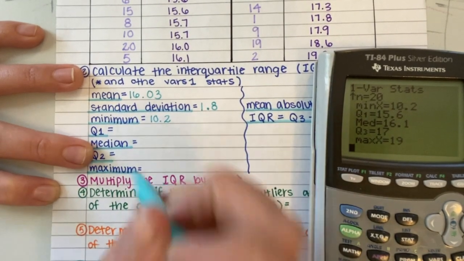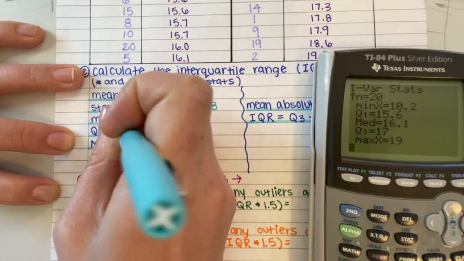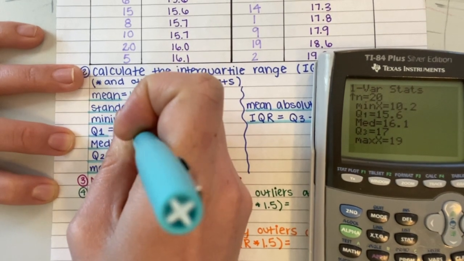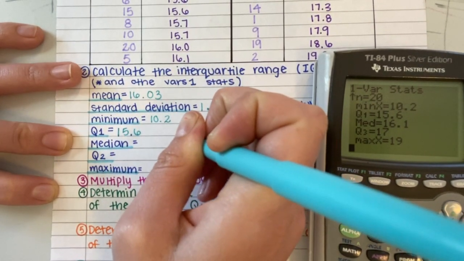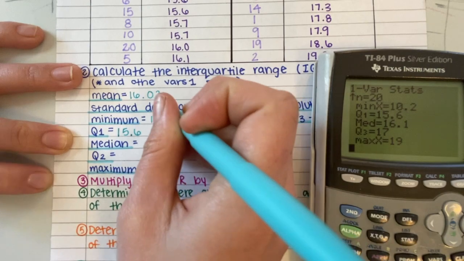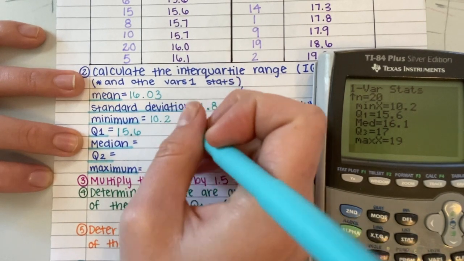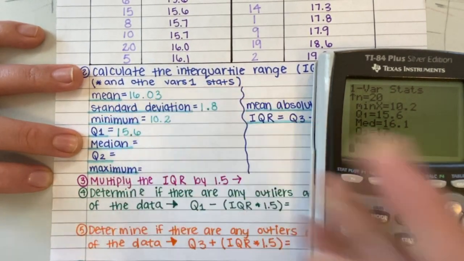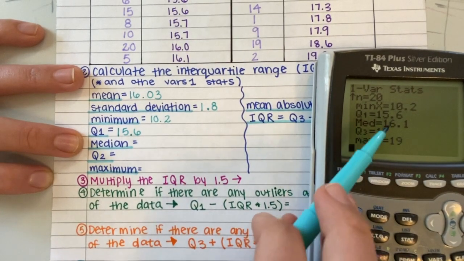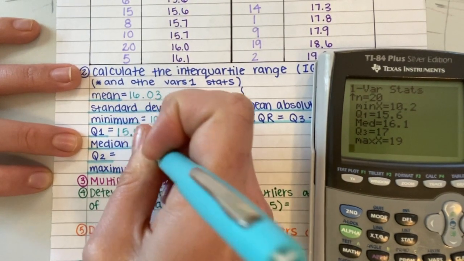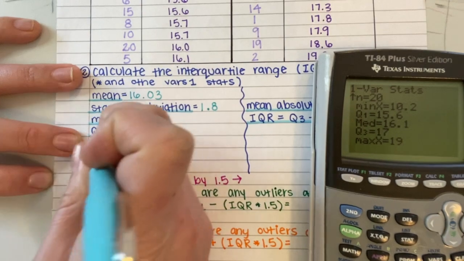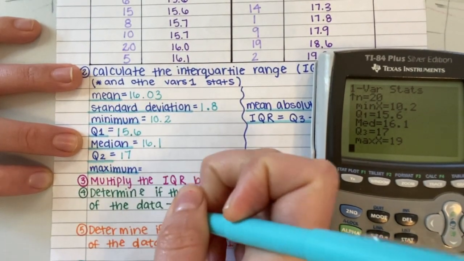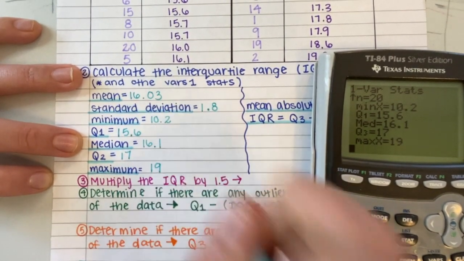My first quartile is 15.6, so that means that 25% of the data, the smallest 25%, is in the range from 10.2 to 15.6. My median is 16.1. My third quartile is 17, and my maximum is 19.